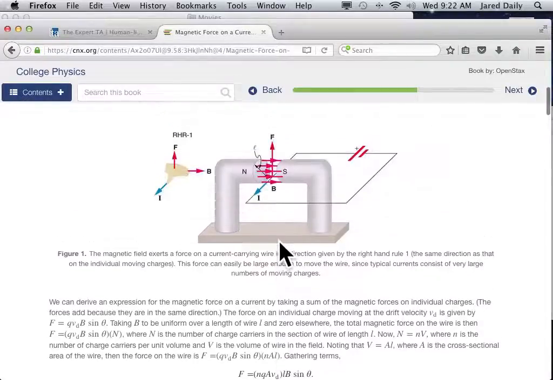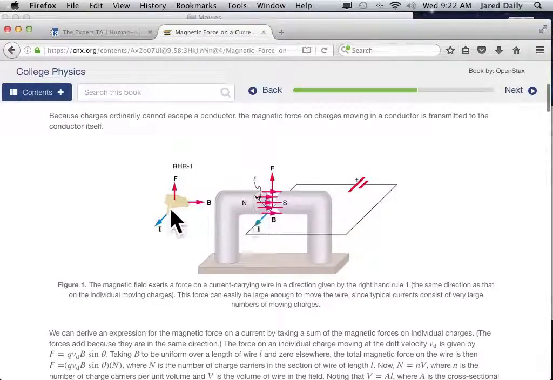What does the sine of theta have to do with it? Well, the right-hand rule only gives you the direction of the force. But if the magnetic field is tilted a little bit, you won't get as much force. You'll get less force. The field and the wire have to be perpendicular to each other perfectly.